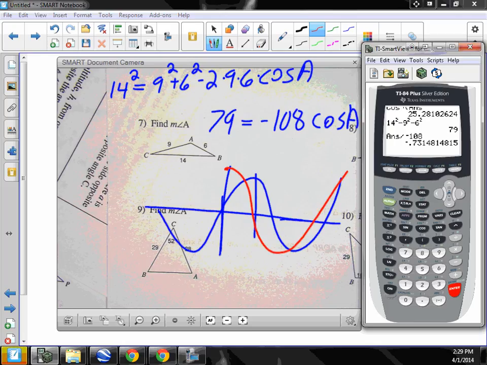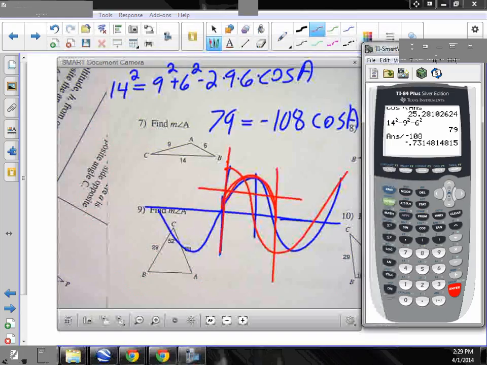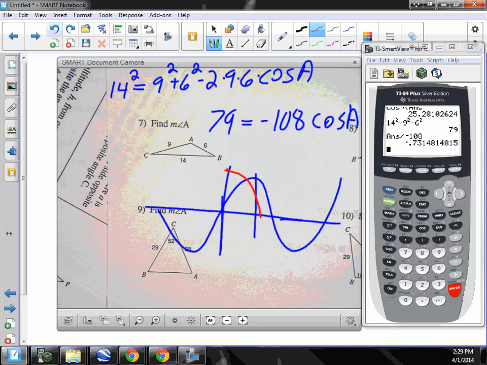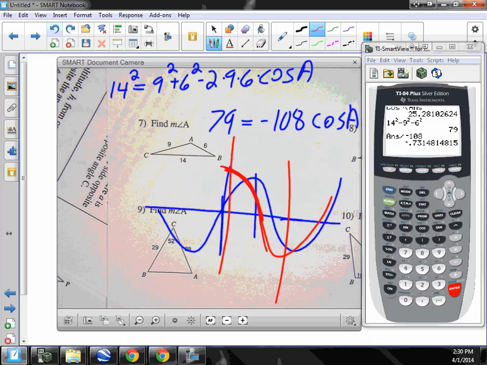It's invertible from 0 to 180. Notice if we went all the way to 180 on the sine, it fails the horizontal line test. But the cosine, that's not true. And notice, if you go beyond 90 degrees, then the cosine is going to be negative.